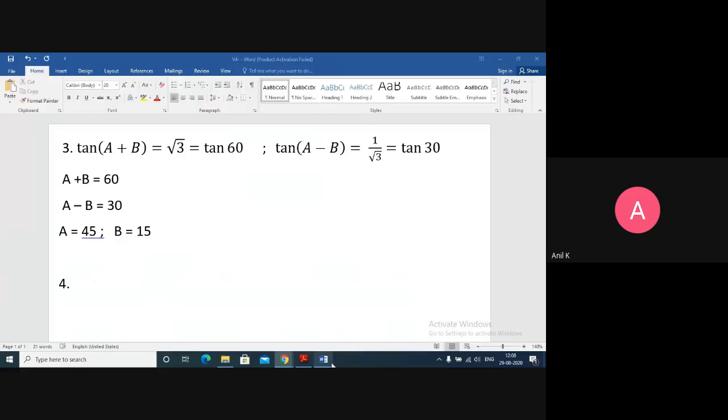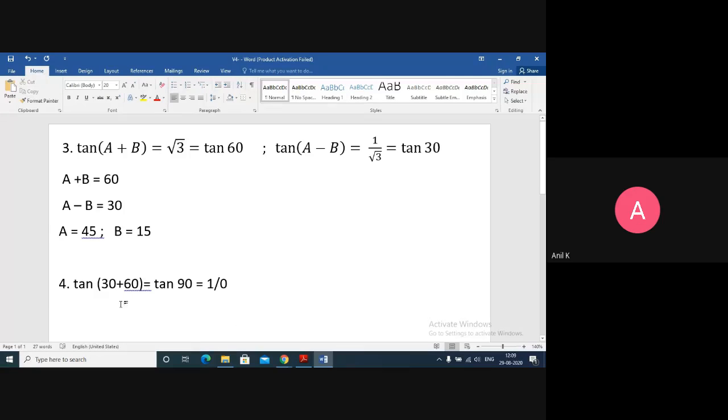It's simple. I'll go for random values. For example, sine (30 + 60). 30 plus 60 is 90.